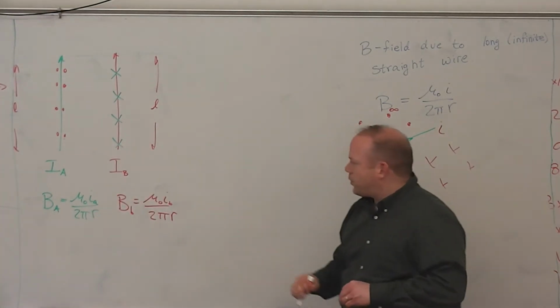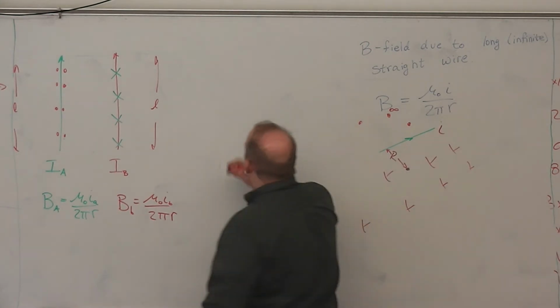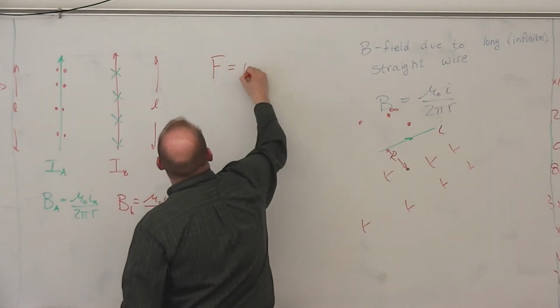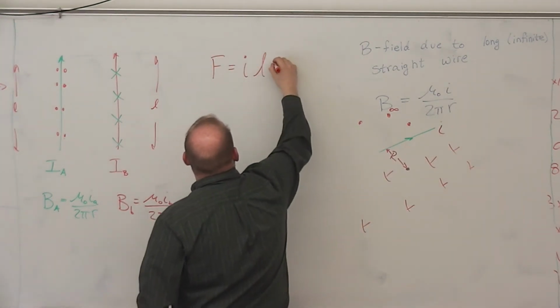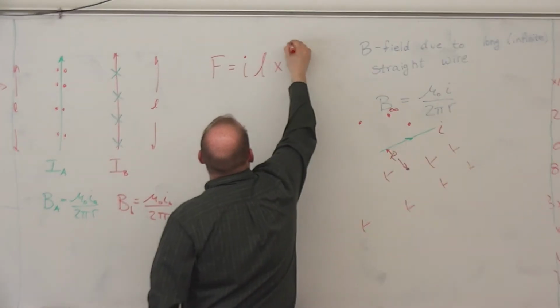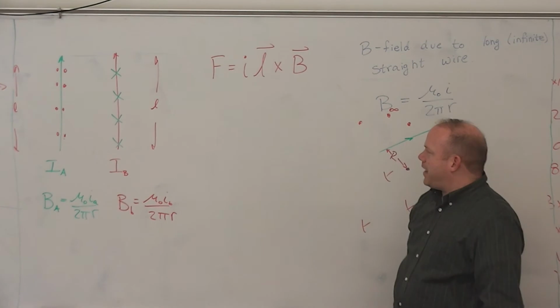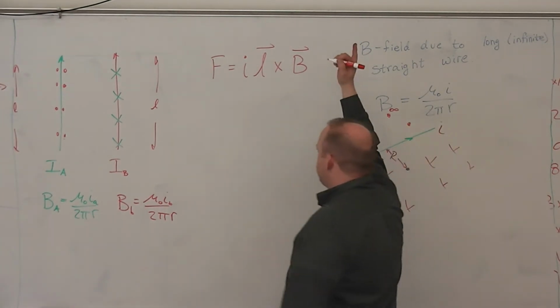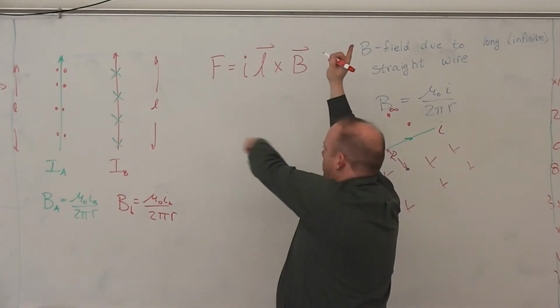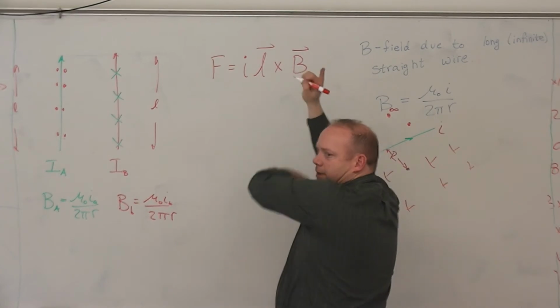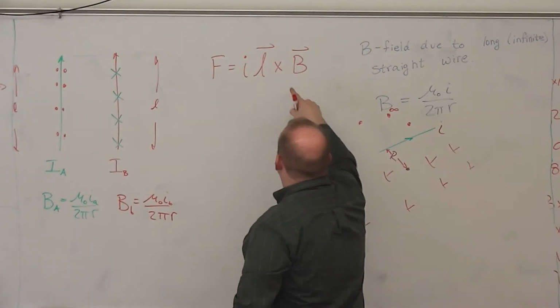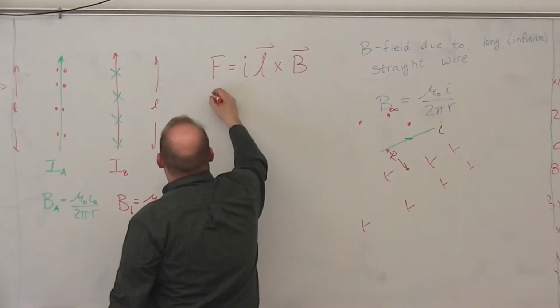The force is going to equal I L cross B. Now, L and B, I think we can see, are at right angles. L is following the current, B is going like this. Right angles, so this is just going to give us ILB.